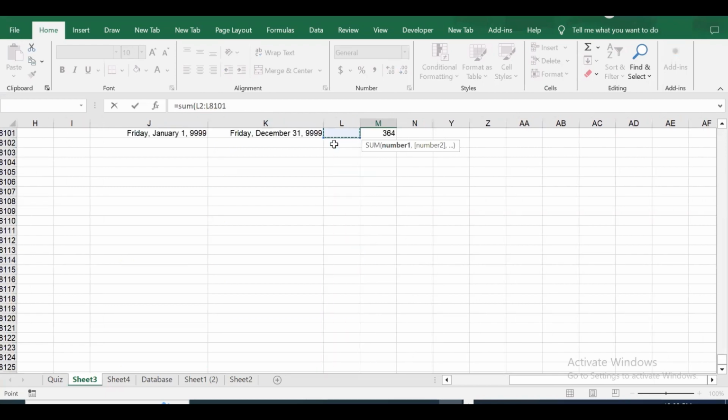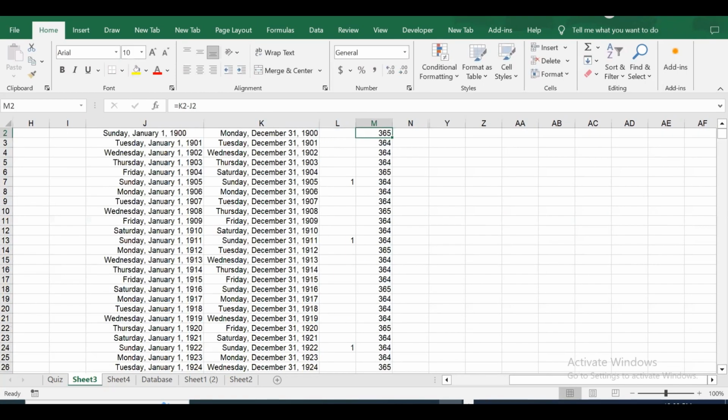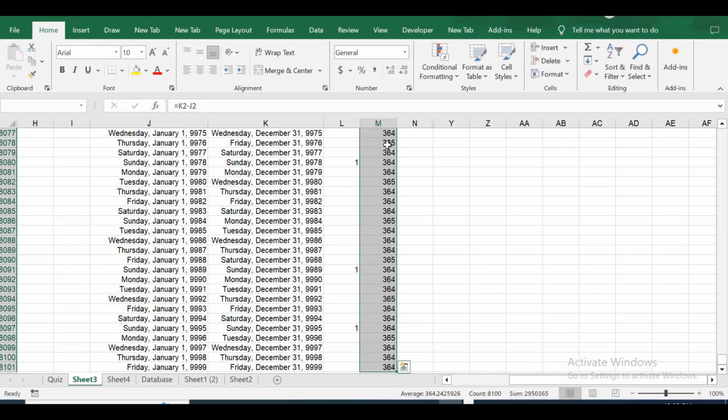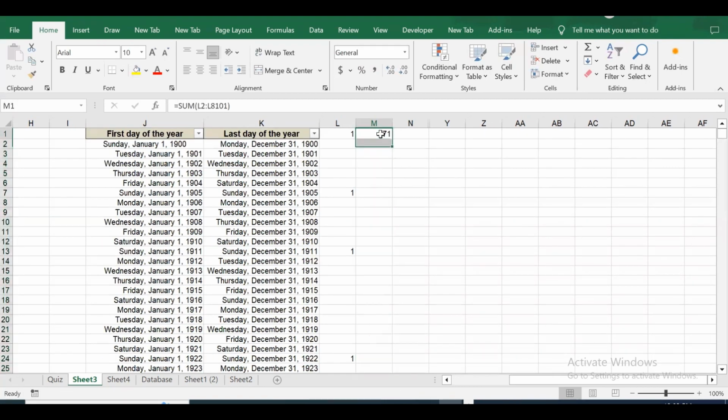Out of the Excel system, it is 871 years. Let me hide all this, it is not necessary for the moment, just so as not to confuse people. So 871 years in the Excel system start with Sunday and end on Sunday as well.